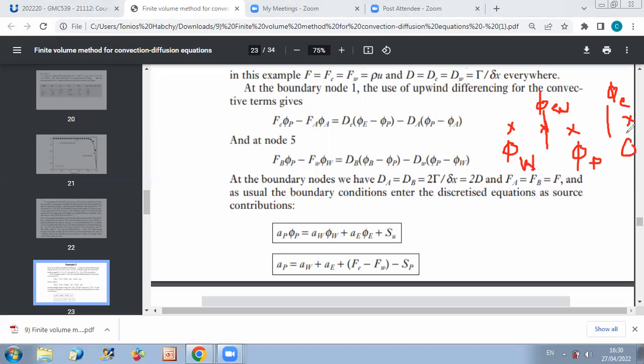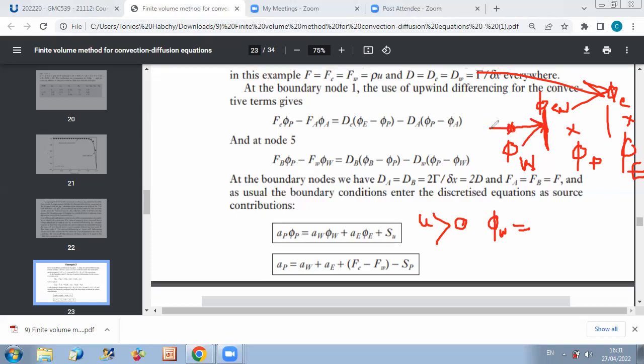Now if we have positive velocity, okay, then when we want to compute phi west, شو بنحطها بالupwind scheme? So for U positive بالupwind scheme, we replace phi at west face by what? إذا الفلو جاي هيك, okay?